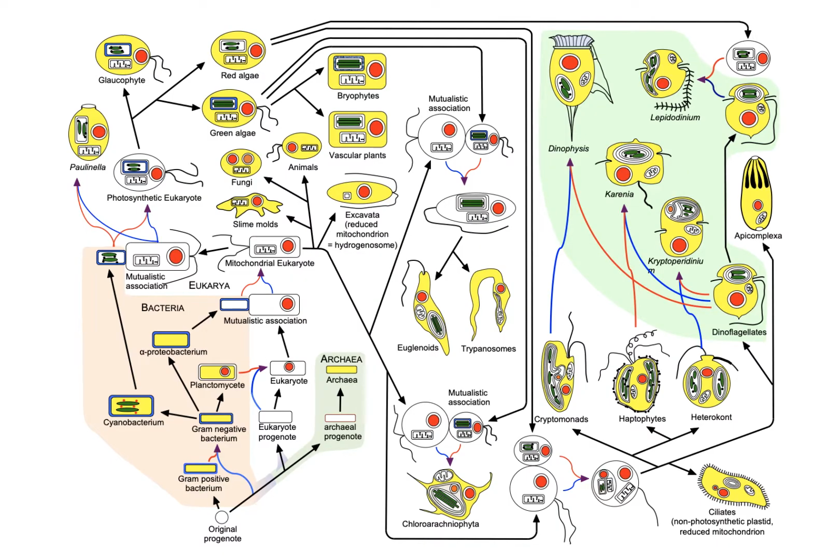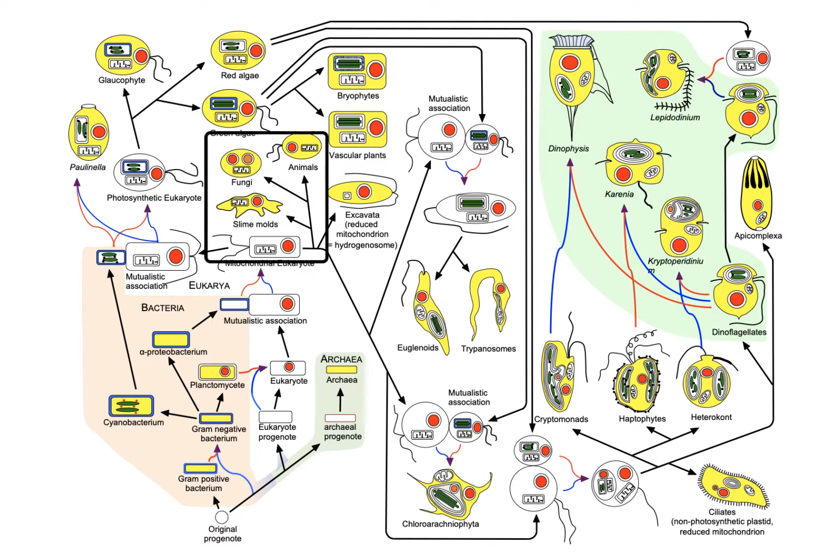So here's a diagram I've shown before where initially you have endosymbiotic events between two gram-positive bacteria to become the gram-negative, and then you have the initiation of a eukaryote from an archaeal cell and probably a planktomycete, and then a mutualistic association and an endosymbiotic event between an alpha proteobacterium and a eukaryotic cell to become a mitochondrial eukaryote.